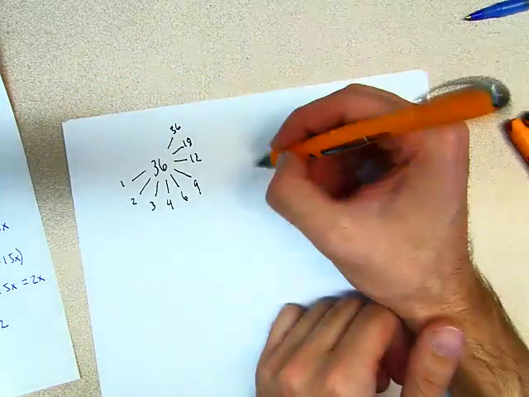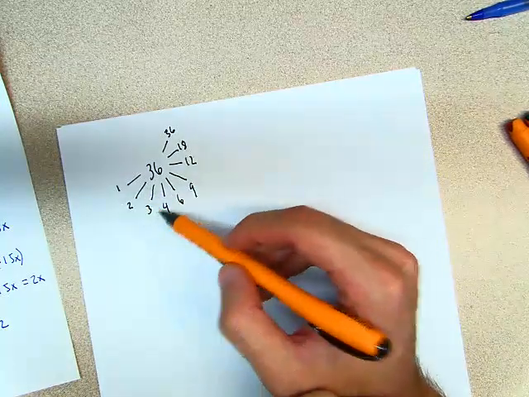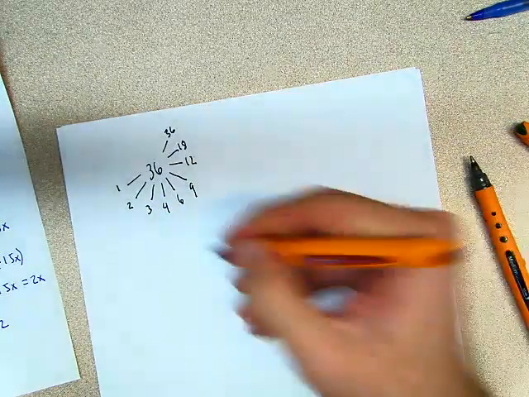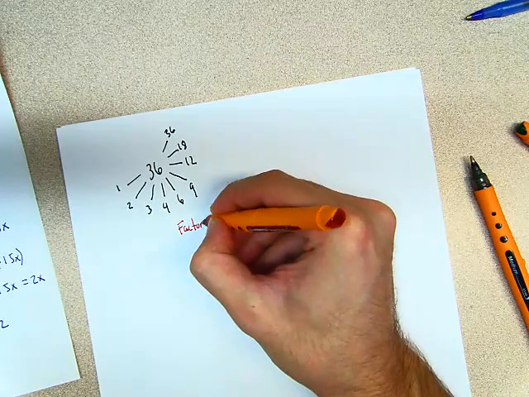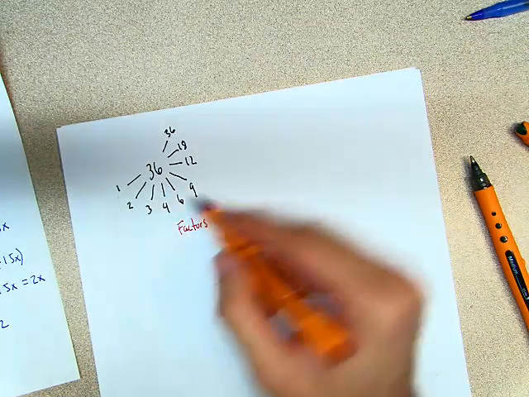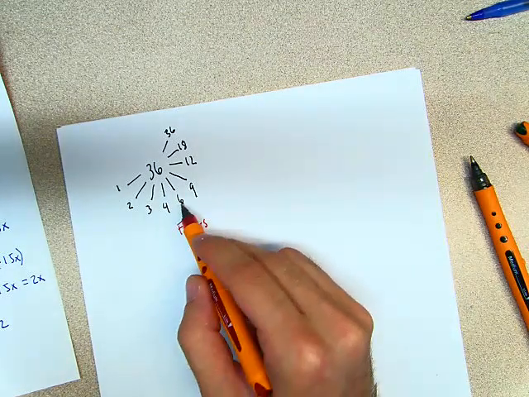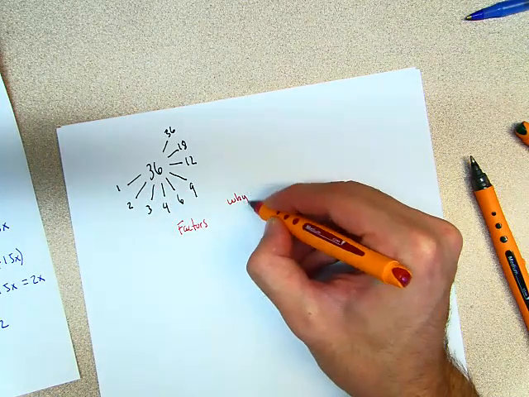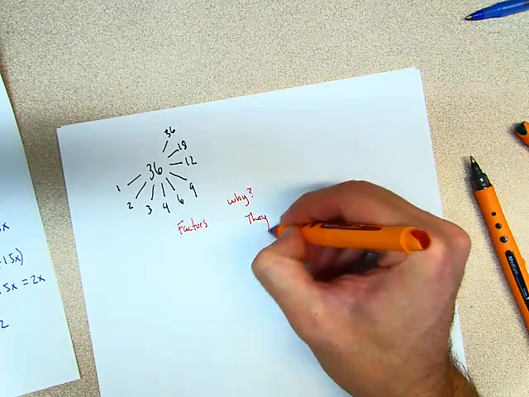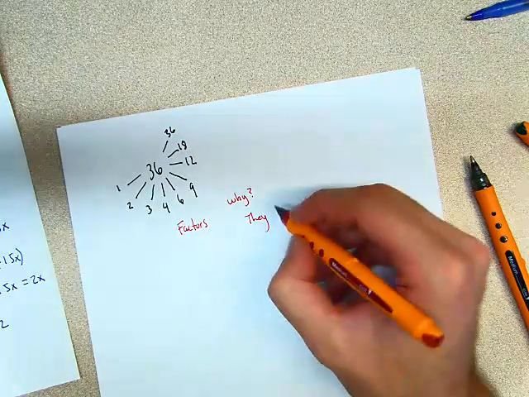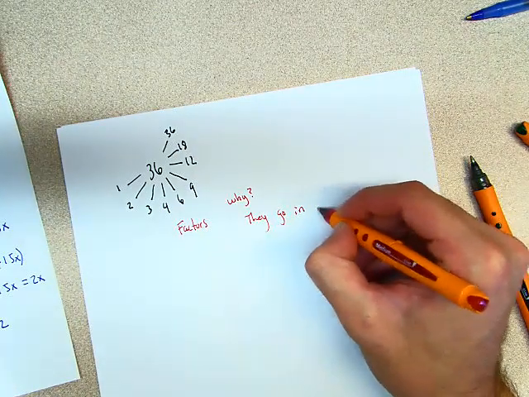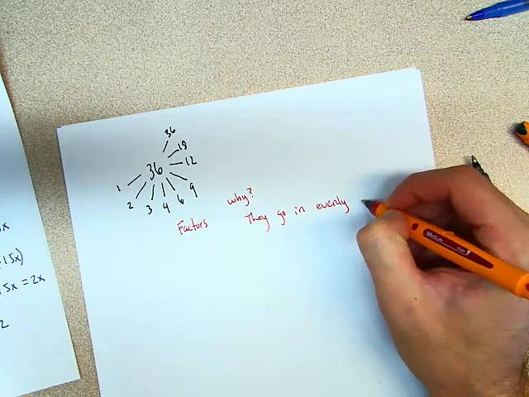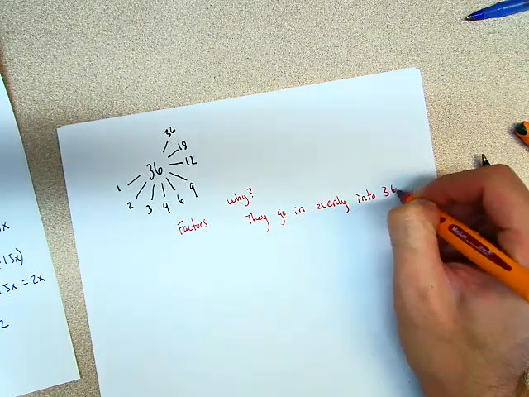No. Okay. So these are called the factors of 36, the 1, the 2, the 3, the 4, the 6, the 9. These are all factors of 36. Why? These numbers go evenly into 36. And we're going to see what that means.